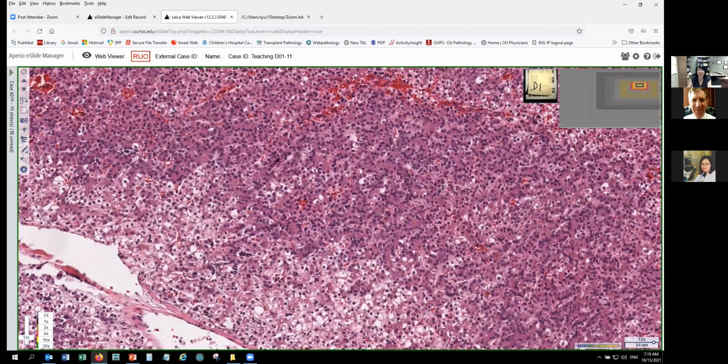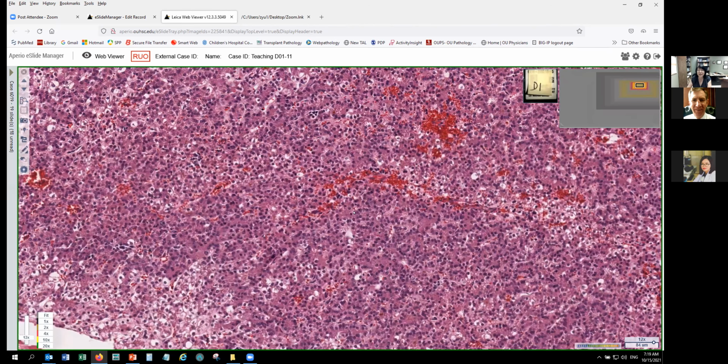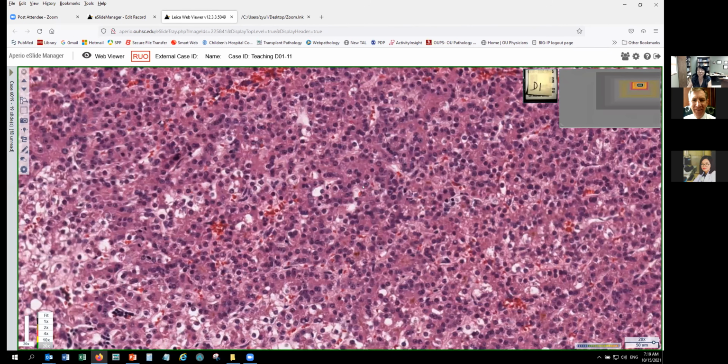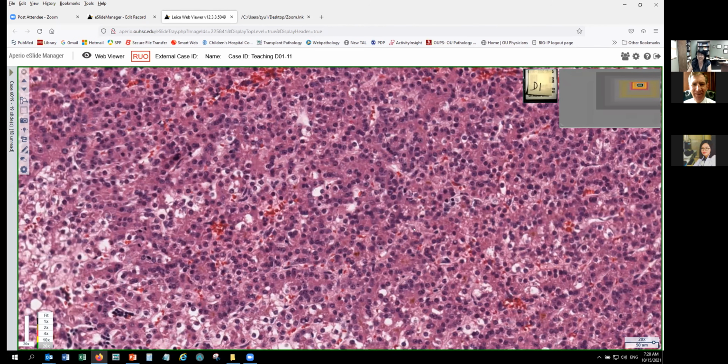Close up, what you can see here are cord-like epithelial cells. The cells are very uniform, with pink, granular cytoplasm. This is the highest power I can go from these slides.